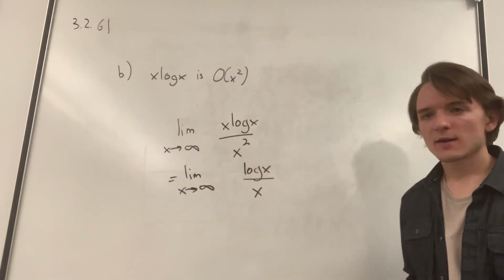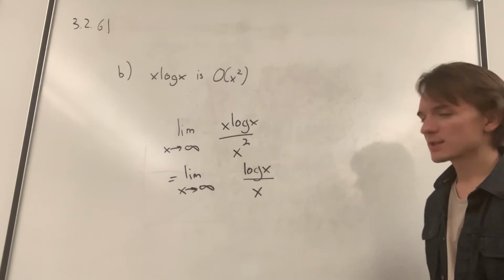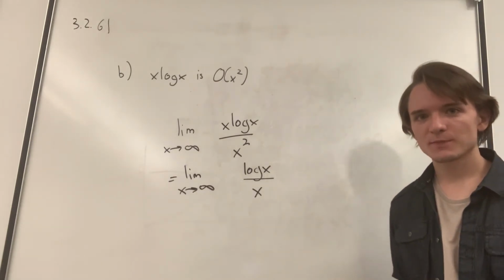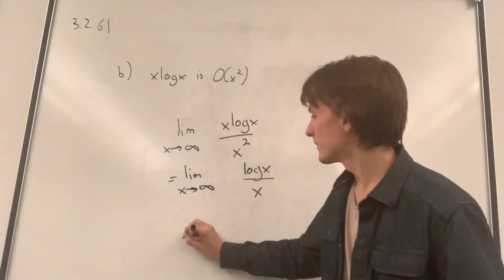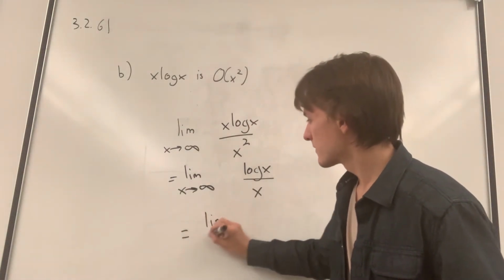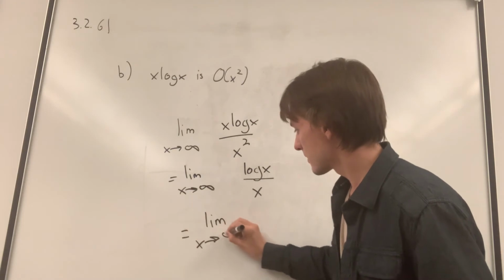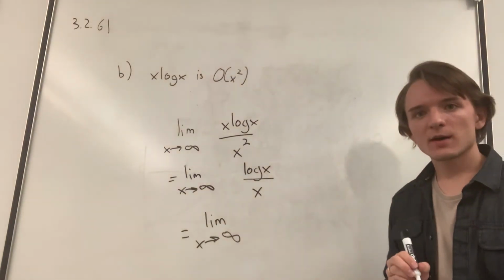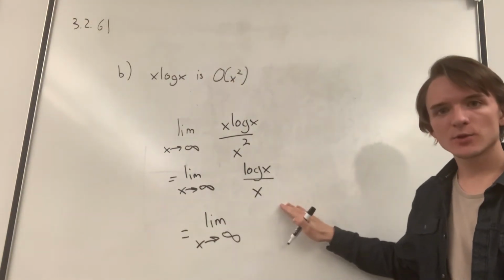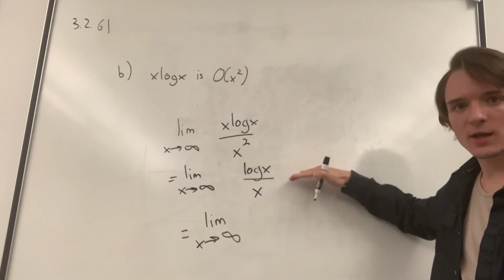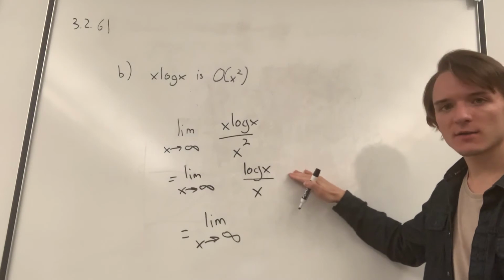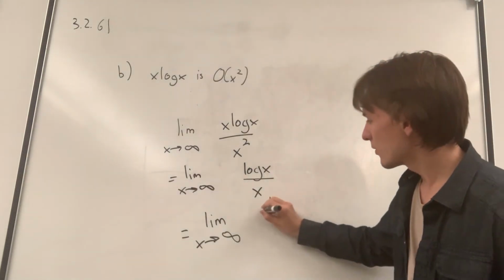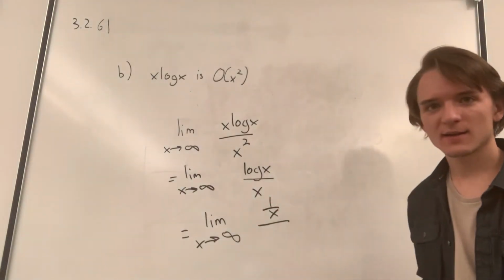So at this point, we have to use some calculus. So we take the derivative of this step, and what do we get? We know that we can reduce this by taking the derivative of the numerator as well as the denominator separately. So what is the derivative of log of x? It's 1 over x.